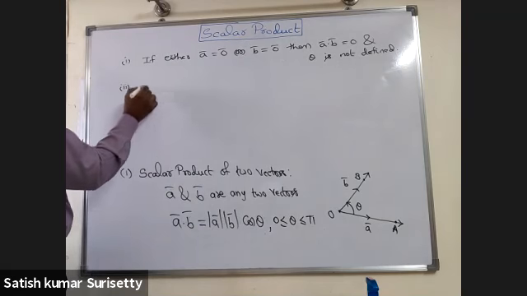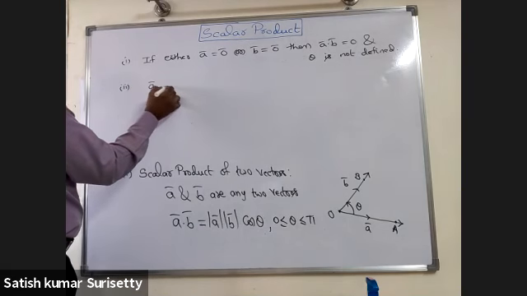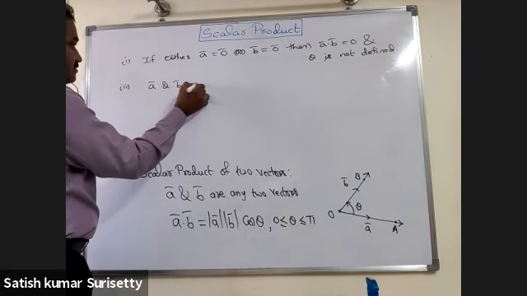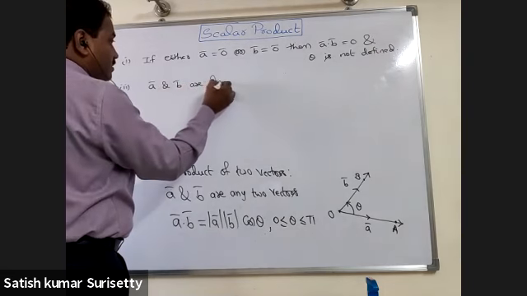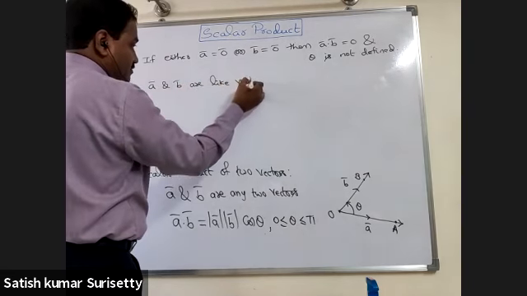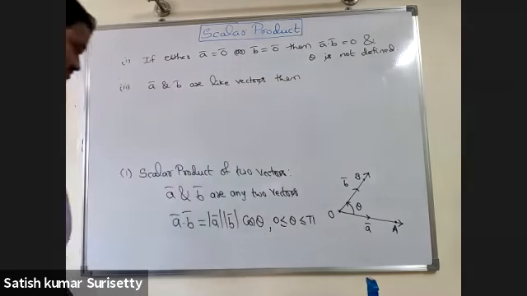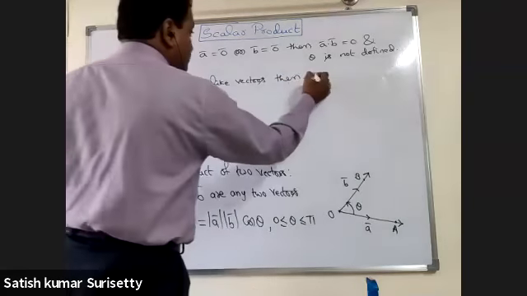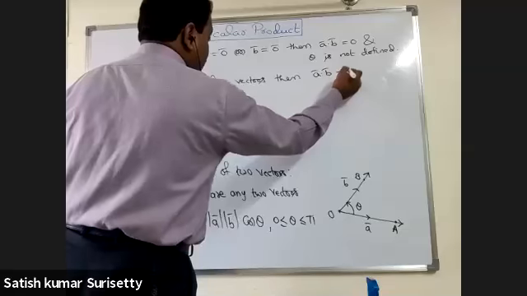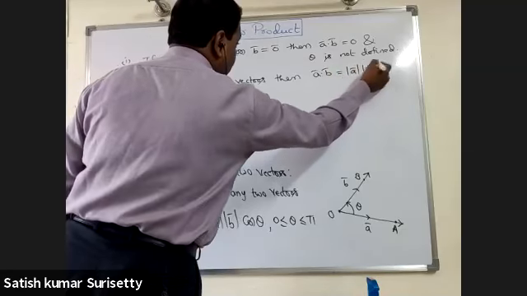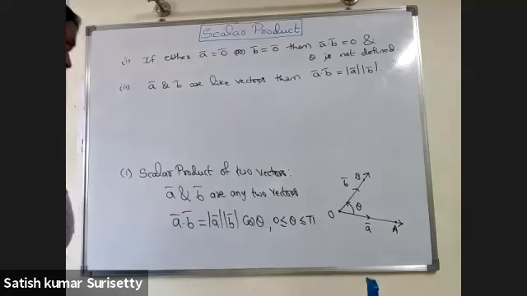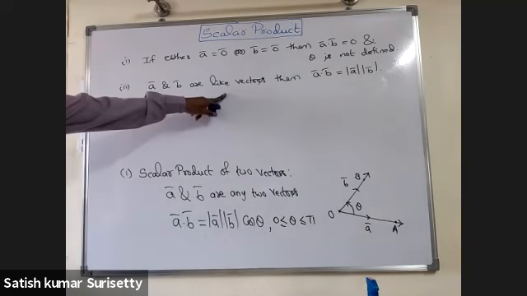Second case, A bar and B bar are like vectors, then A bar dot B bar equal to modulus of A bar into modulus of B bar, because like vectors means the angle between them will be 0.